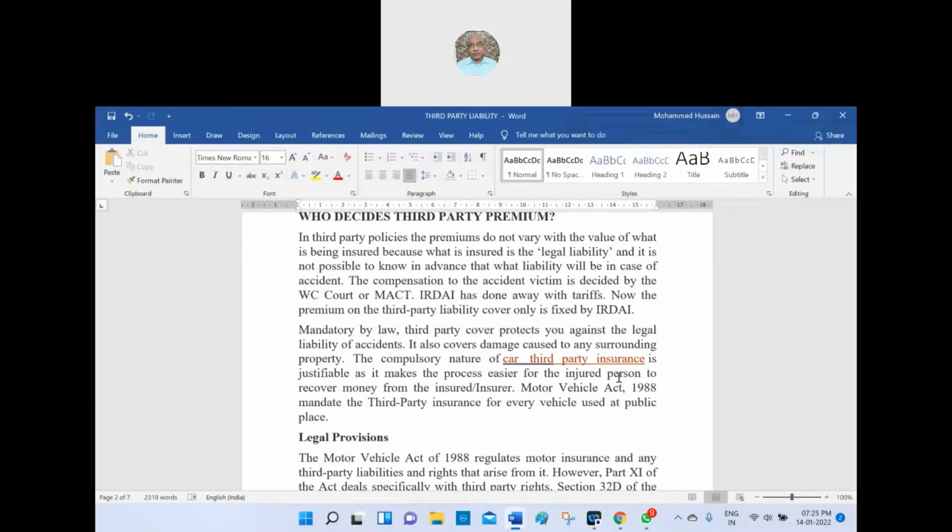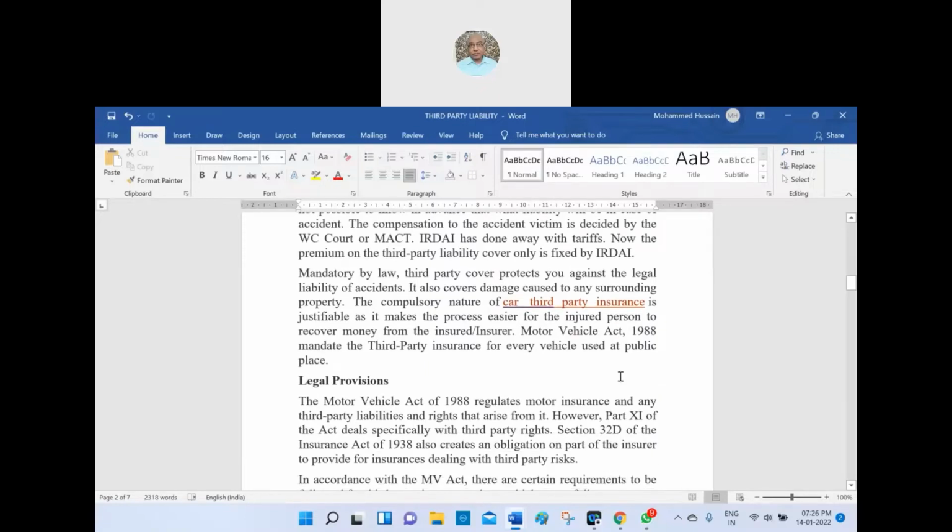It also covers damage caused to any surrounding property. The compulsory nature of car third party insurance is justifiable. It makes the process easier for the injured person to recover money from the insured or insurer. The Motor Vehicle Act 1988 mandates third party insurance for every vehicle used in a public place. Every vehicle means including the motorbike, is it not?